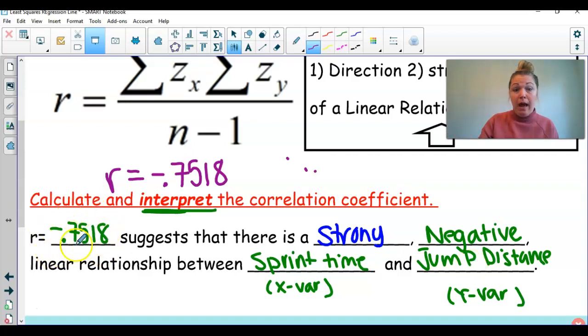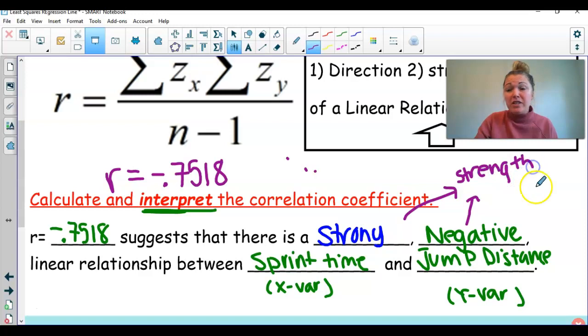This first blank will always be the value of the correlation coefficient. These second two blanks will always give us the direction and the strength. I did the strength first, doesn't matter. How do I know what that strength is going to be? I'm going to look at that number line that I drew in my notes, that we just did together.